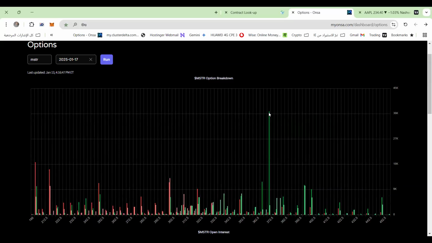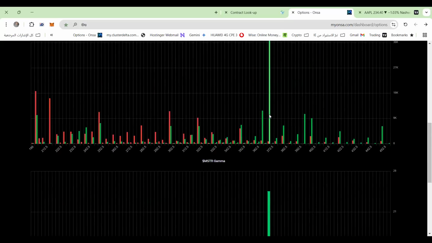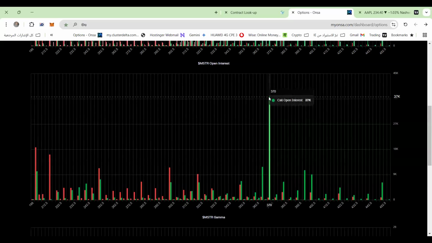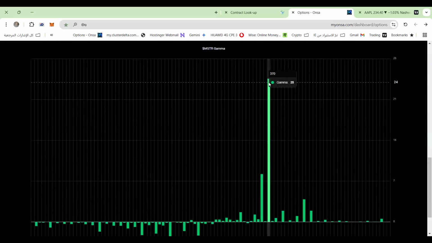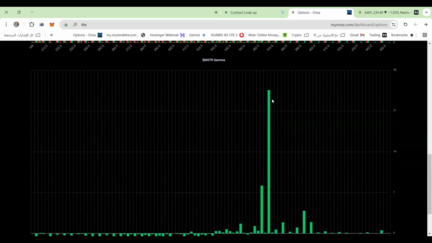It means that we have an imbalance. There are some whales standing over here. It's very important to notice that. And you can see the same here with the open interest, and the same with the gamma. Gamma is indicating the same thing, 370.